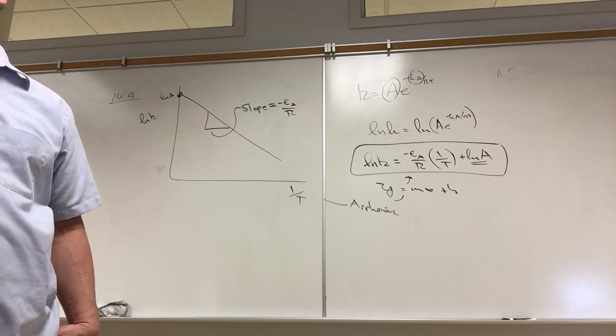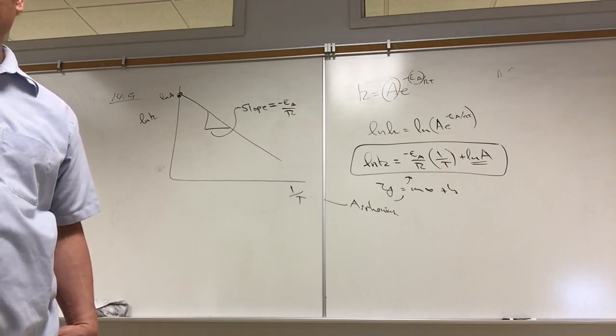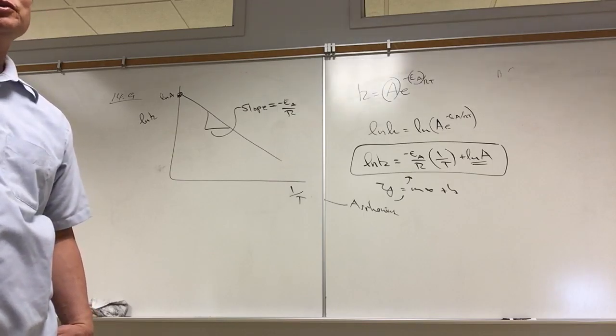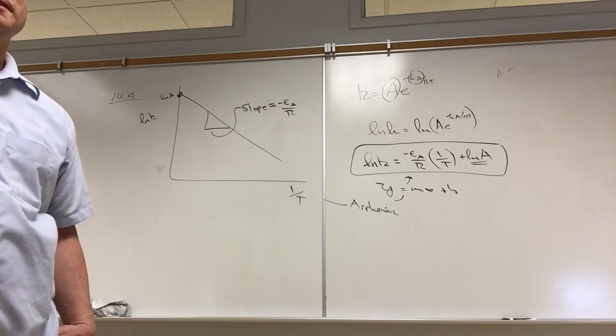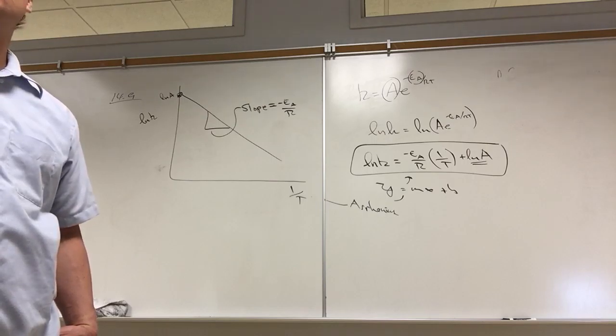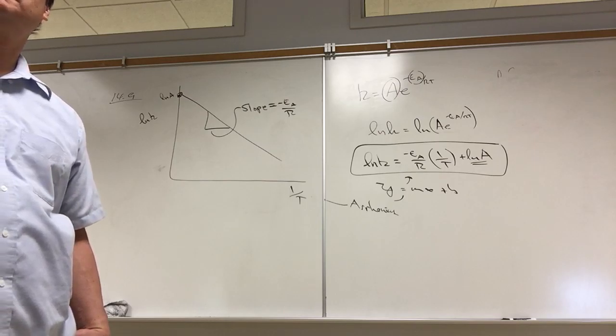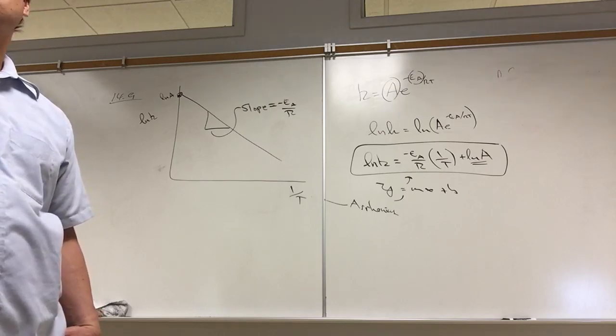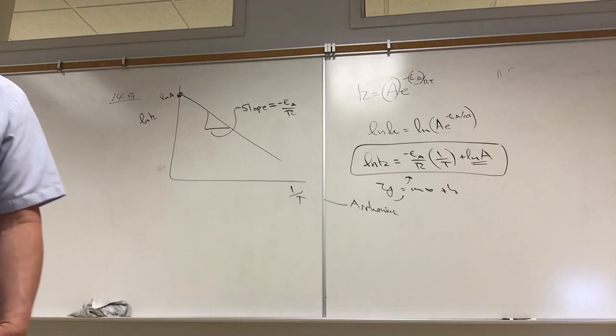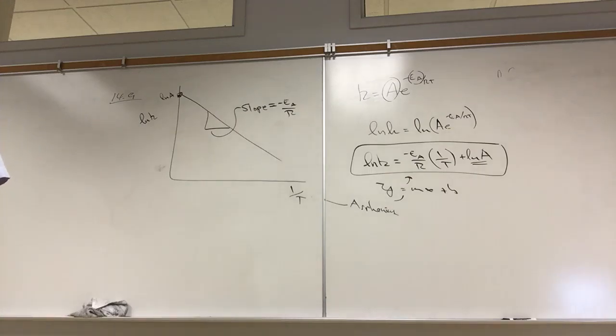But there's a way of getting rid of the A value. This is a common trick. Do you guys remember the Clausius-Clapeyron equation? Not at all?